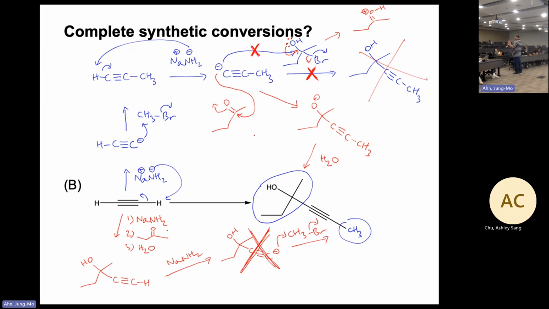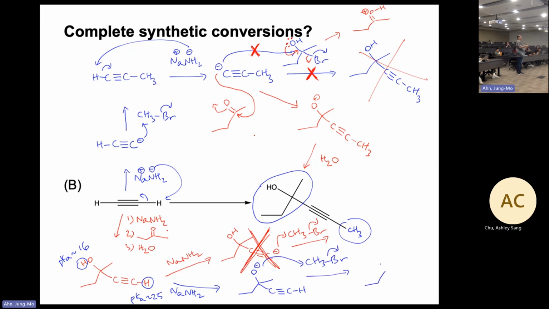That's where you need to remember the acidity. This has a pKa of 25. That has a pKa of 16. This is much more acidic than the other one. If you treat it with the base, you intend to take this one out, but it doesn't go for that. You're going to get this alkoxide prepared, and then when you treat it, this one is going to get methylated. This is the one you're going to get.